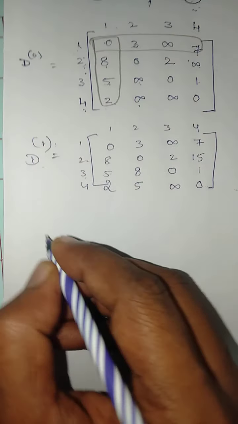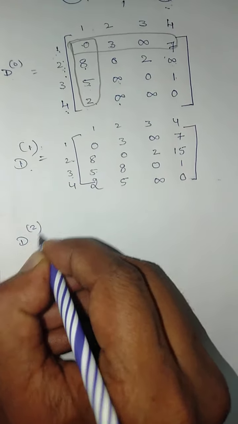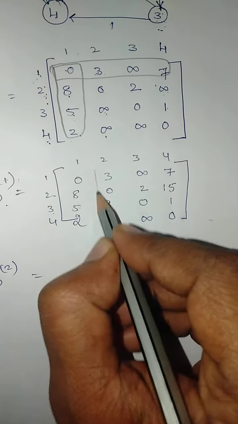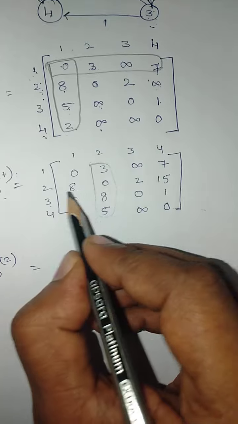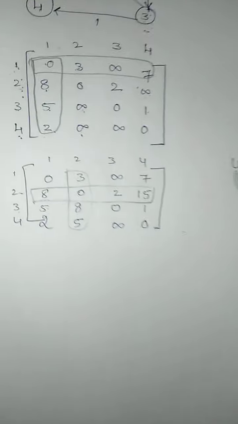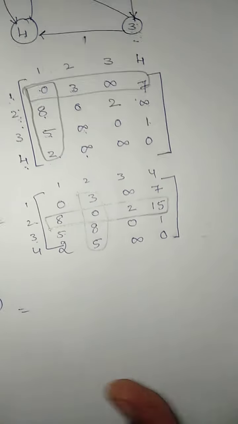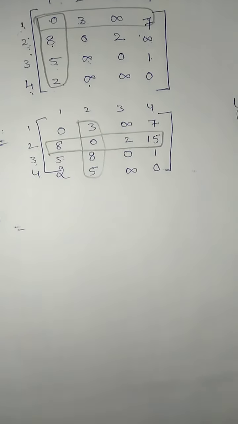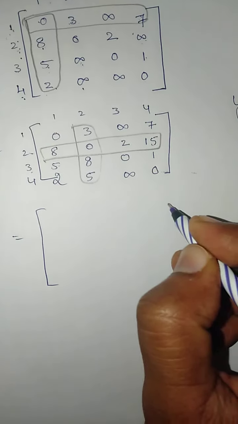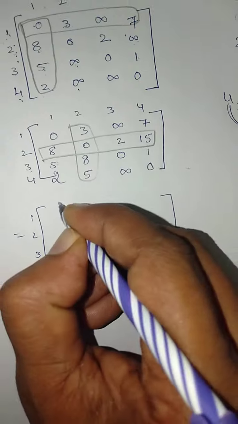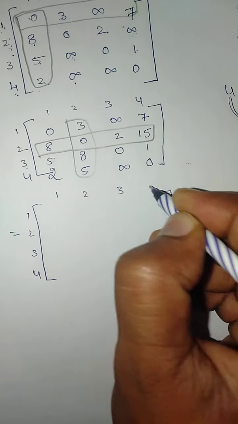Next, you have to compute the D2. In order to compute D2, you have to select the second row, second column. Okay. Now see here. 1, 2, 3, 4. 1, 2, 3, 4.